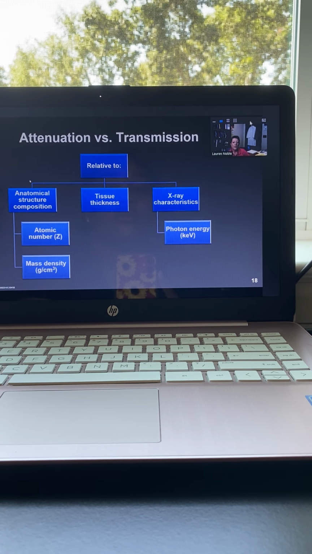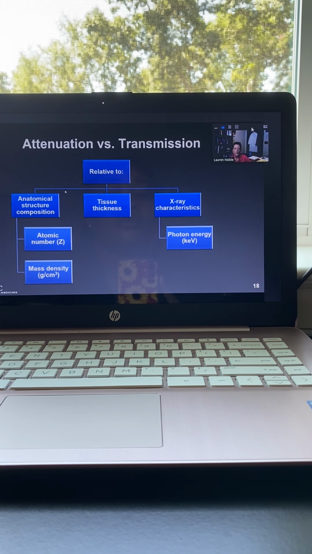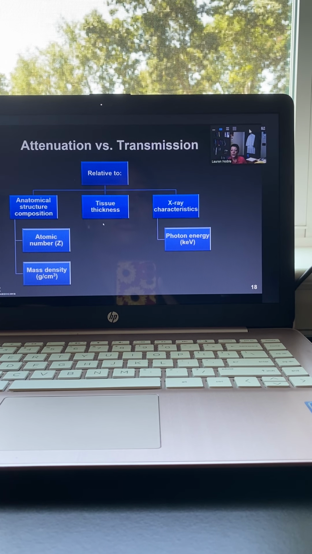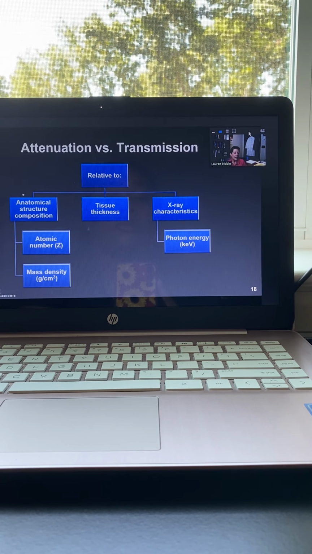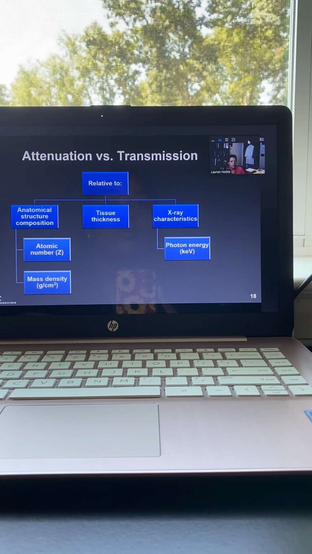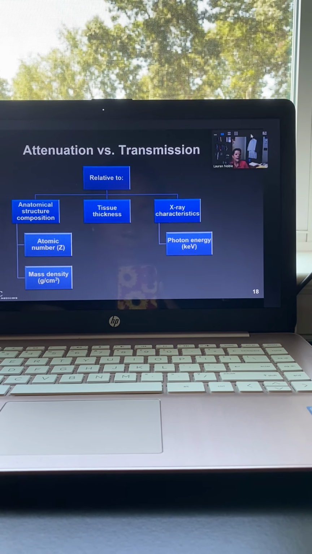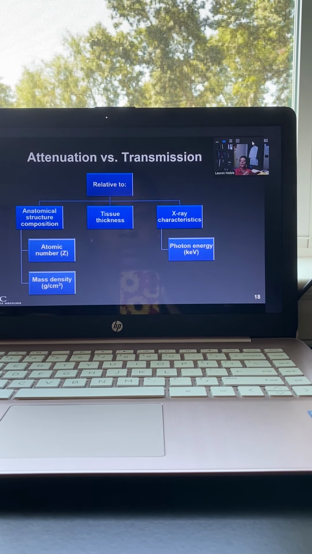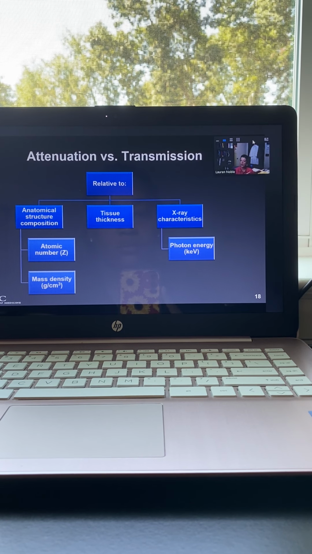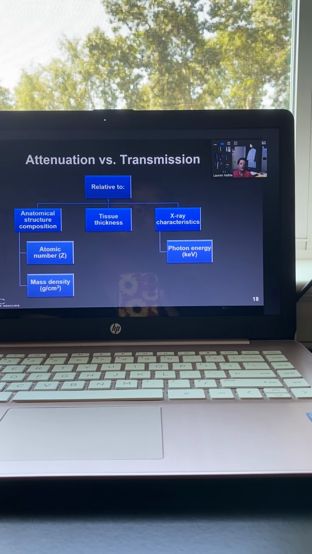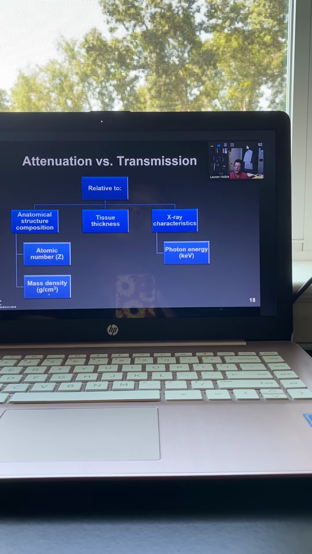Now, when you look at attenuation versus transmission, three things will come into play. There are three things that are going to impact how X-rays interact with the human body. The first category deals with the composition of the anatomical structure in terms of the atomic number of that structure and mass density. Mass density has to do with how tightly packed the atoms are in that structure. The unit of measurement is grams per centimeter cubed.